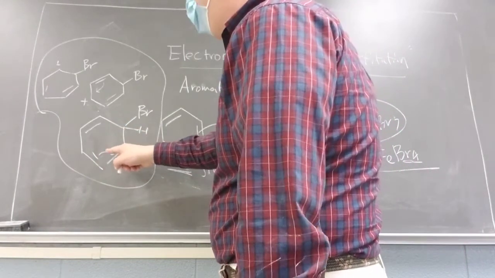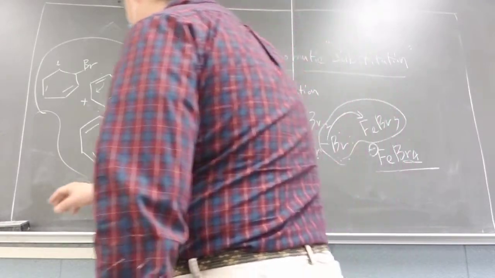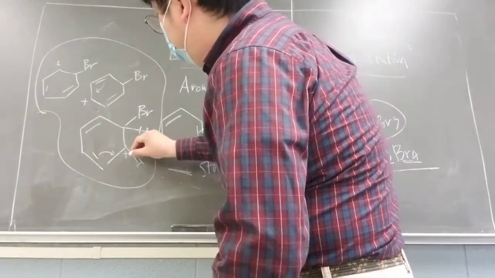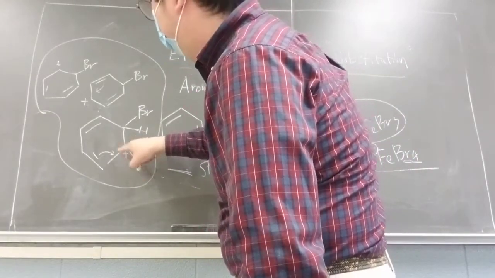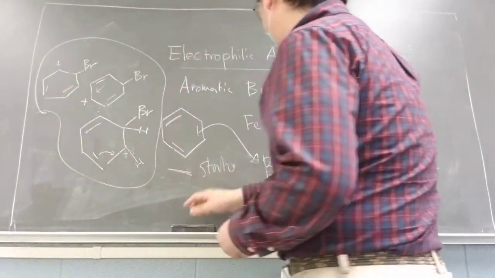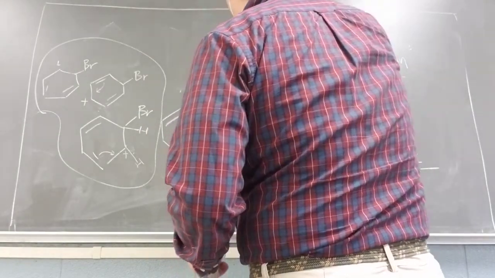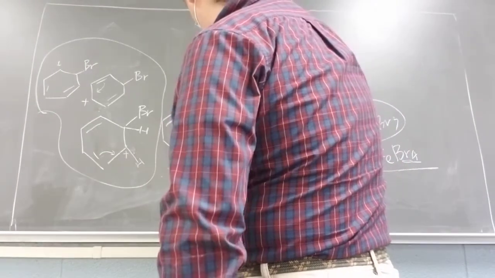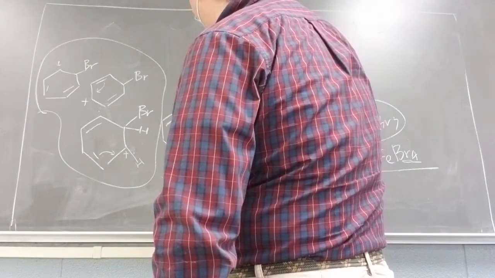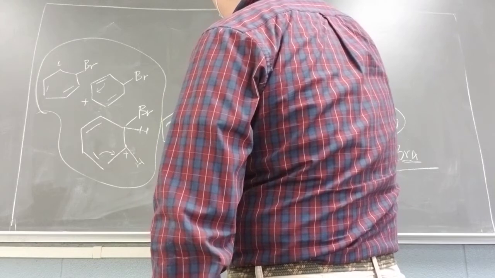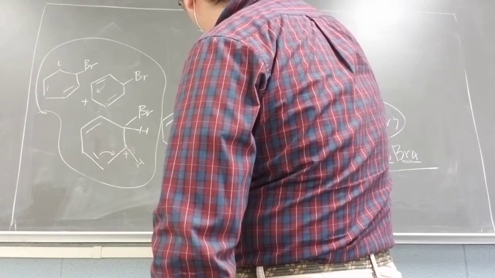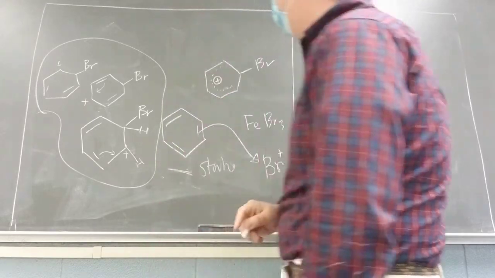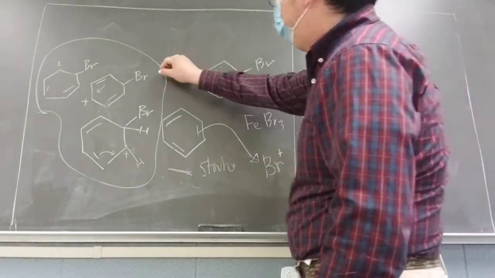So if that is happening, if I redraw this one, this is where you can have a carbocation, here or here. If you redraw this one, it looks like this. So this gives those three.